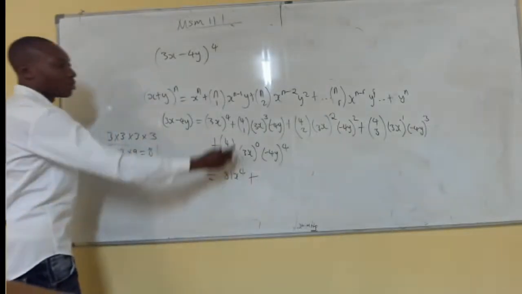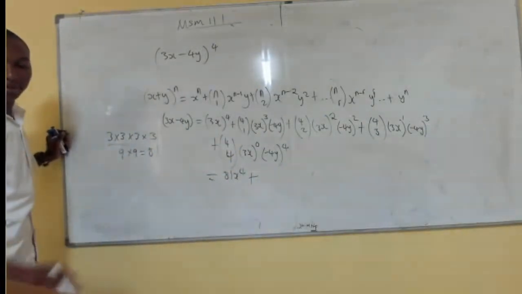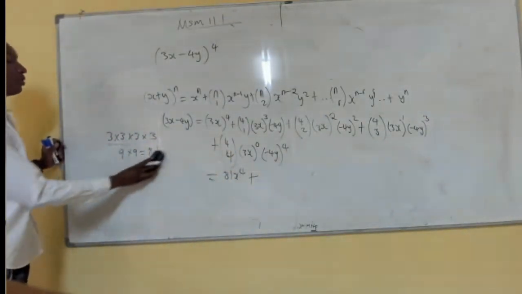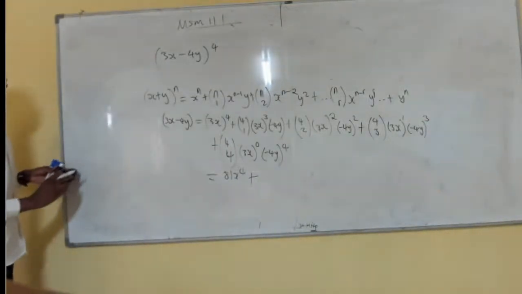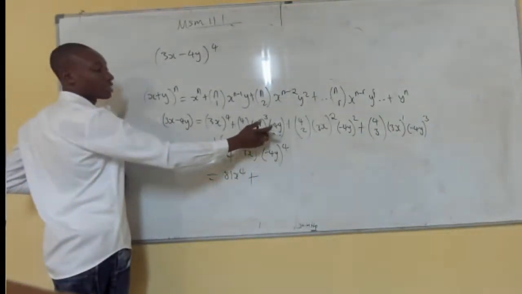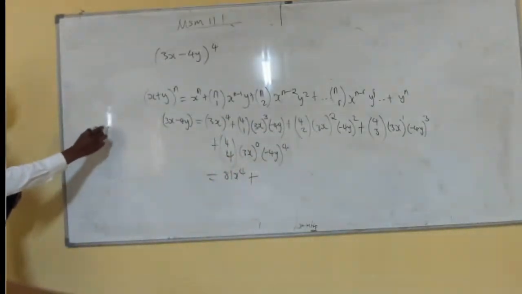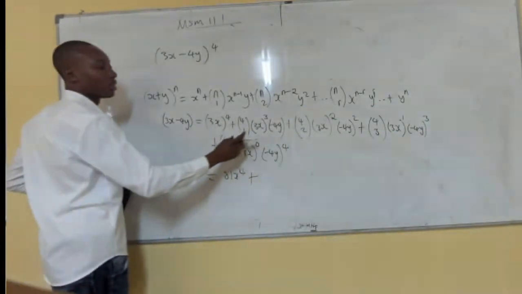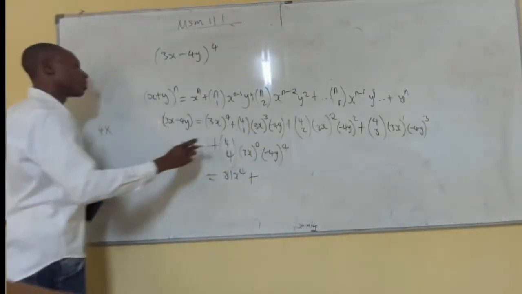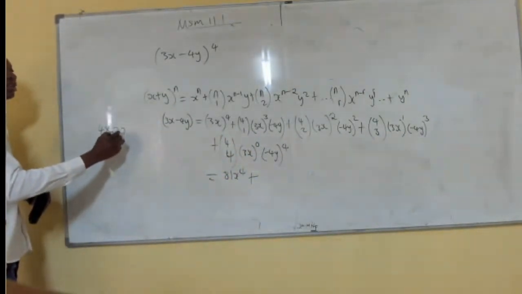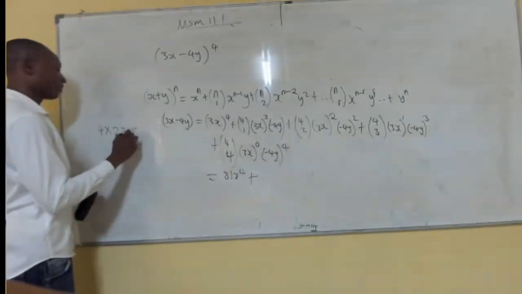Plus, what is 4 choose 1? 4 choose 1 is simply 4. Notice that we have numbers multiplying here. So 4 choose 1 is 4 times 3 to the power 3 is 27 times 4.